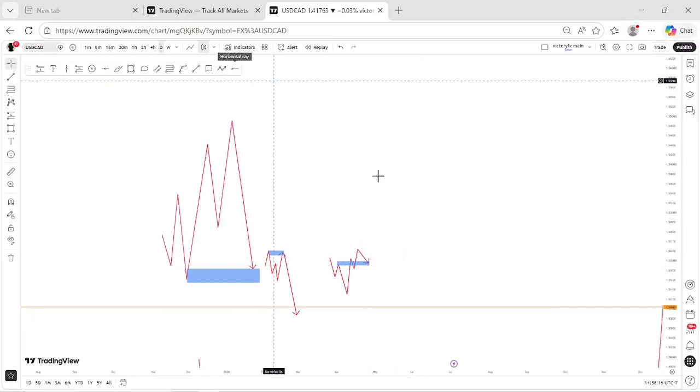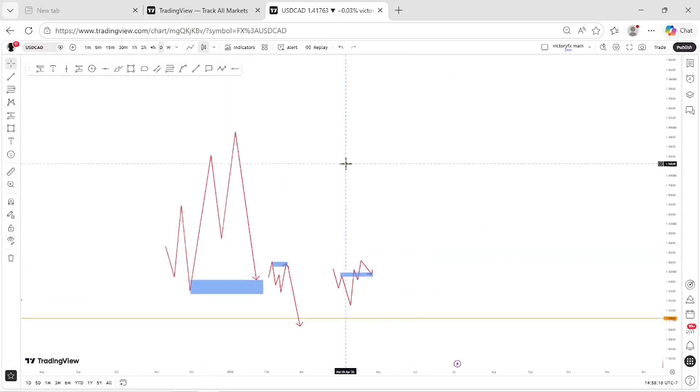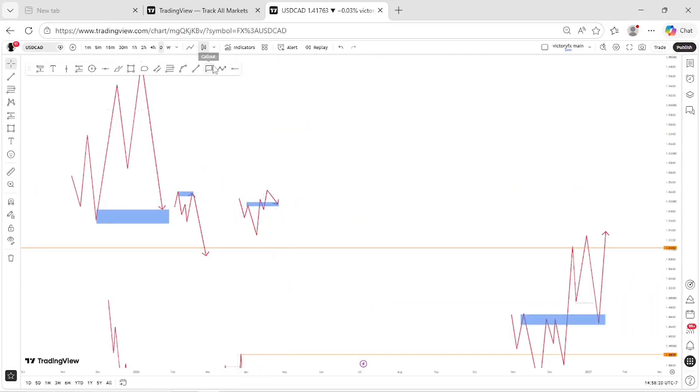Or you wait for the first two structures to be broken. This is the first structure, this is the second structure. You wait for both of them to be broken, and then you wait for a retest to any of the structures, depending on how much space you want to give your stop loss. You can just take out the first structure, the second structure, but just make sure you are not being too conservative with your SL, as you miss profitable trades.